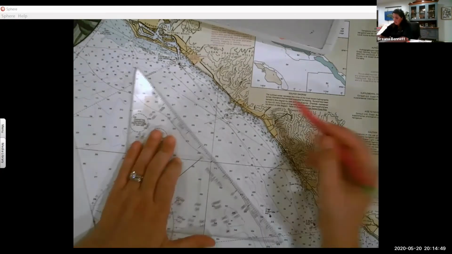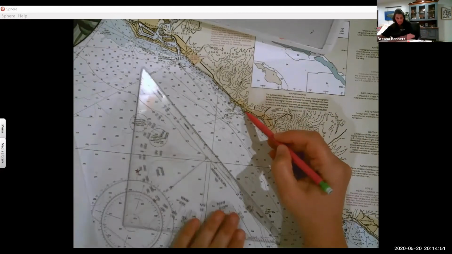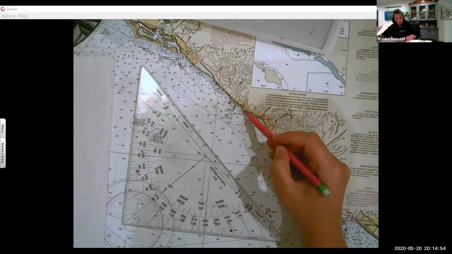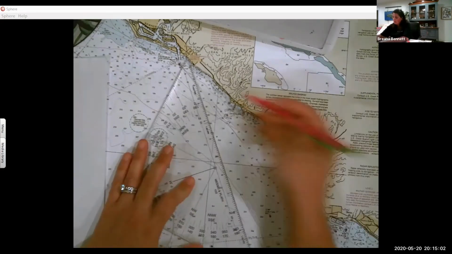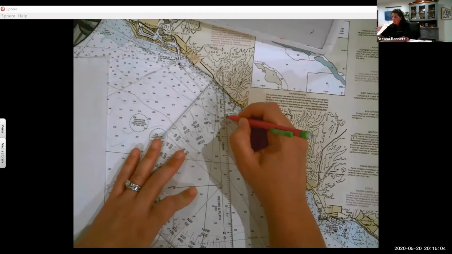And for my 2 rock point, I had changed course to 140 from this position. So let me get 140, no, 154, excuse me.